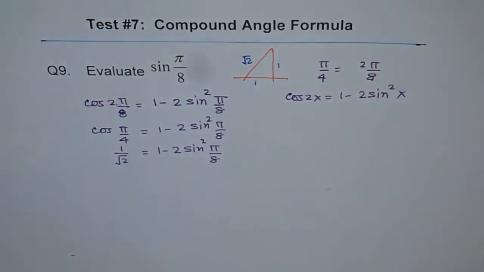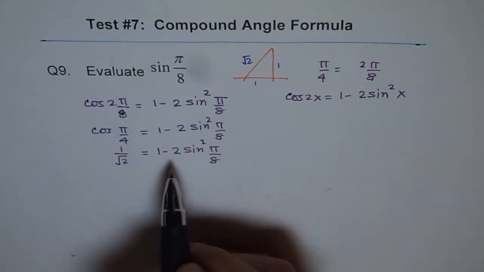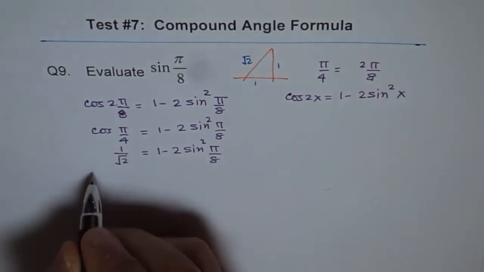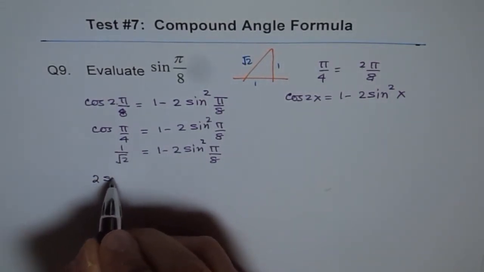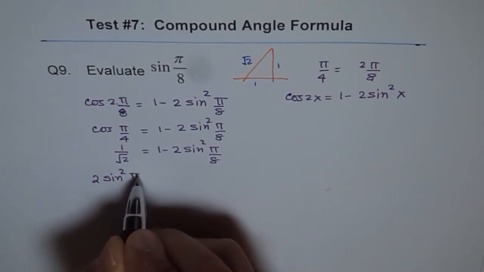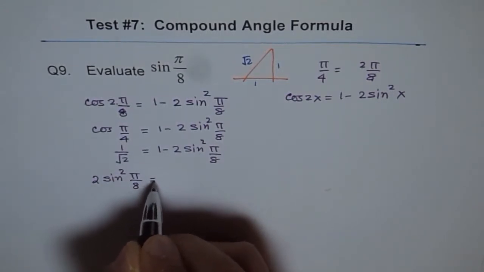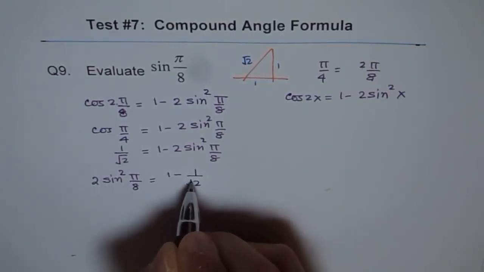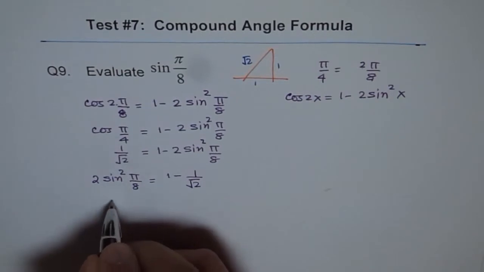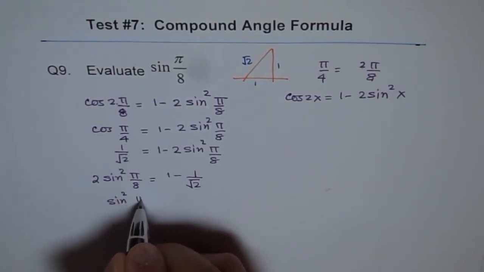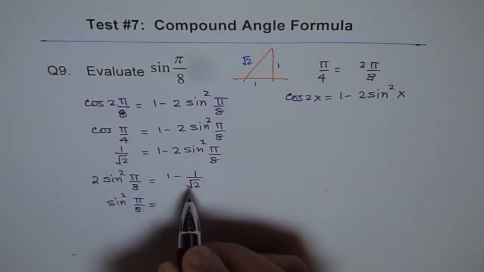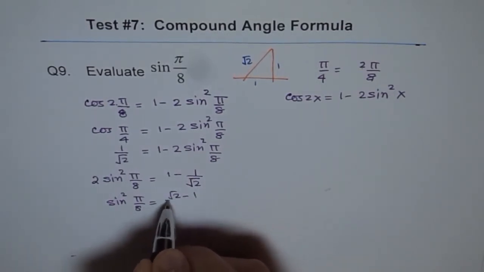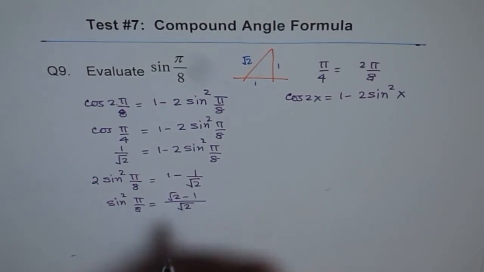So from here we can rearrange and find the value of sine pi by 8. So we'll bring sine square pi by 8 on this side, so we get 2 sine square pi by 8 equals, and we'll take this on the other side, 1 minus 1 over square root 2, correct? So we have sine square pi by 8 equals, let's take common denominator, square root 2 minus 1 over square root 2, correct?